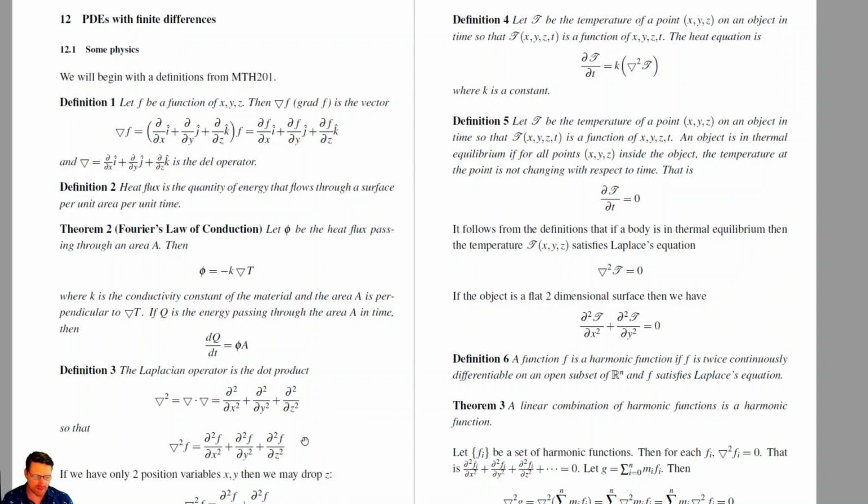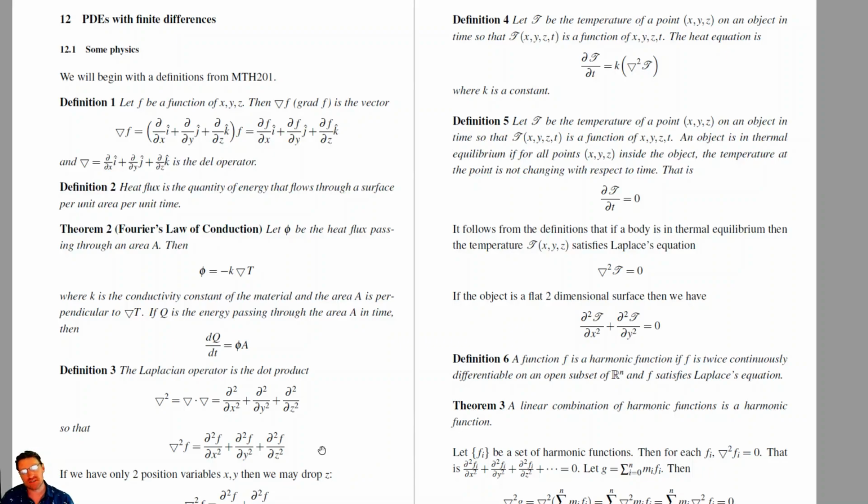So we have the operator that consists of the sum of the second order partial derivatives in space. So the Laplacian of f is the sum of the second order partial derivatives.